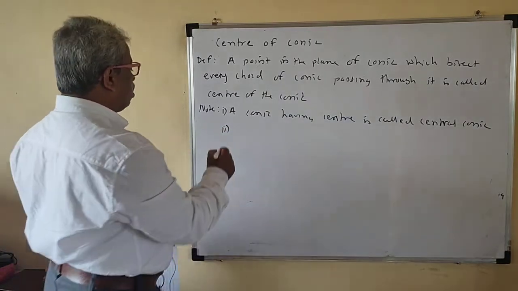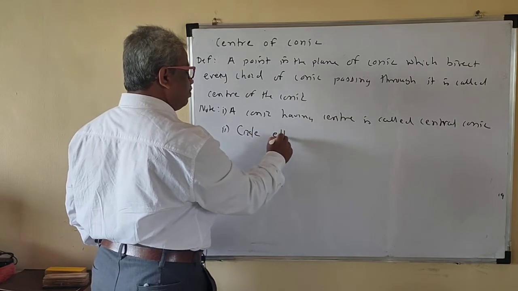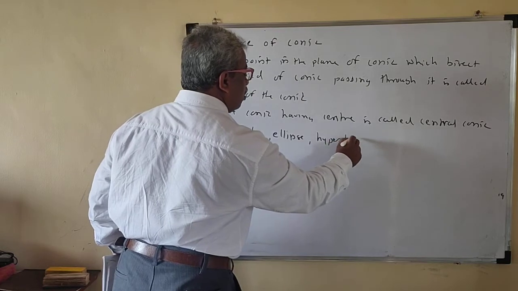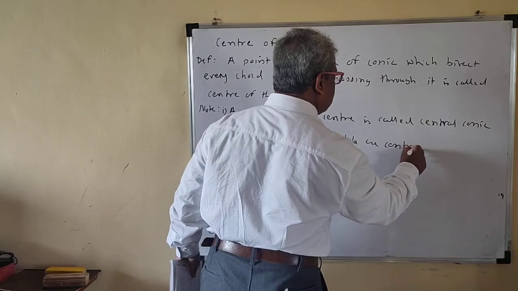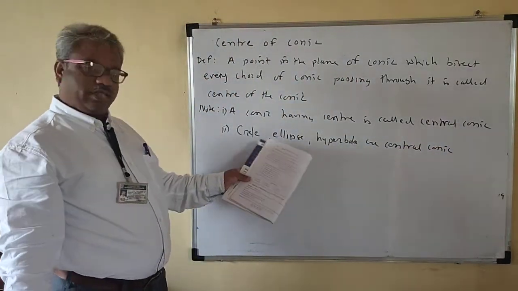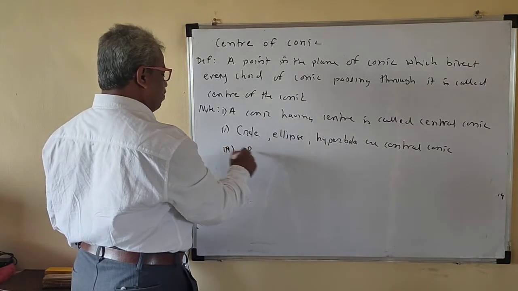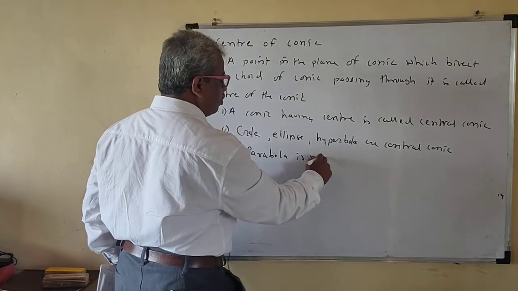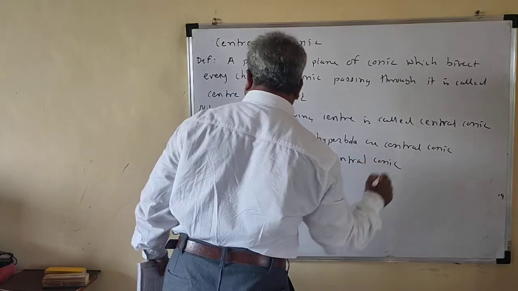Second, circle, ellipse, hyperbola are central conics. So remember this: circle, ellipse, hyperbola, they are the central conics. And the third one, parabola, is not a central conic.